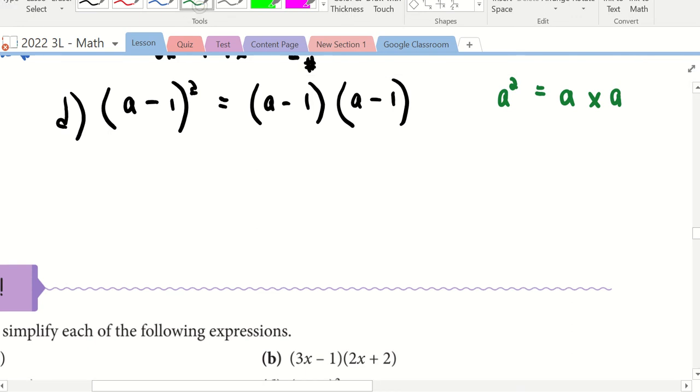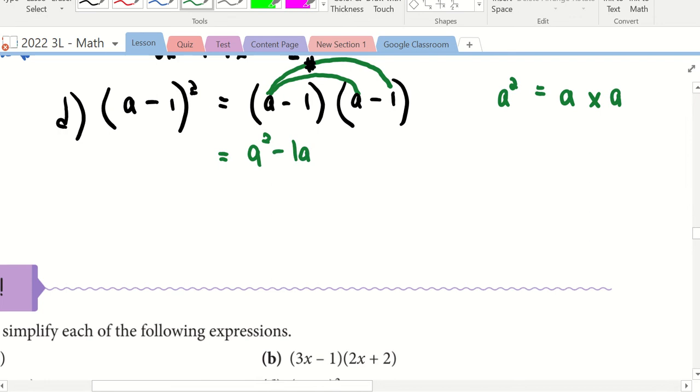So let me draw the rainbow. A times A. What is A times A? A times A will give us A square. After that, multiply to the second one. What is A times negative 1? Negative? Don't write negative A1. Negative 1A. The number must come before the letter.